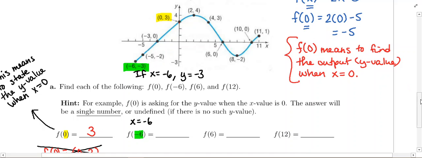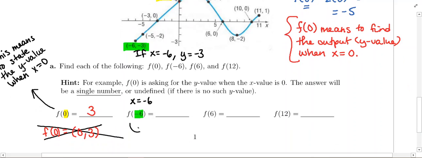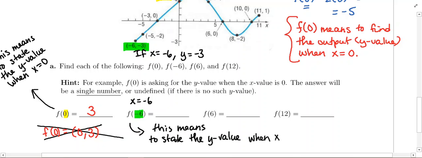So remember, what does f of -6 mean? This means to state the y value when x equals -6. According to this green point, if the x value is -6, the corresponding y value on the graph is -3.